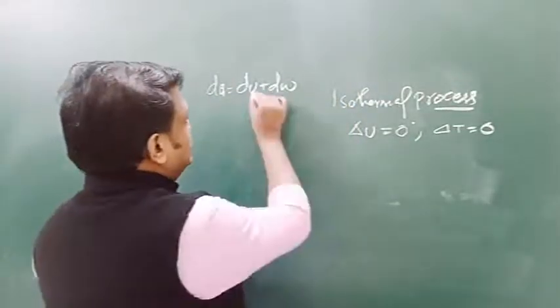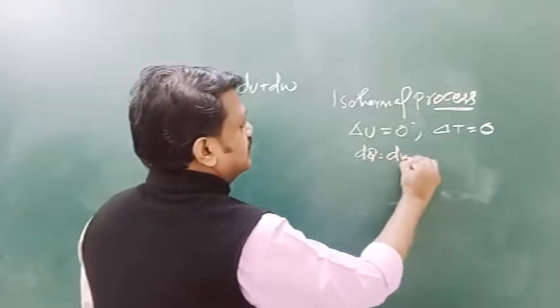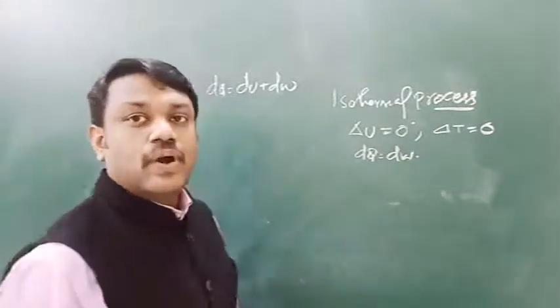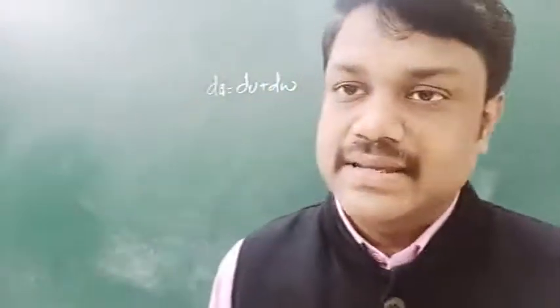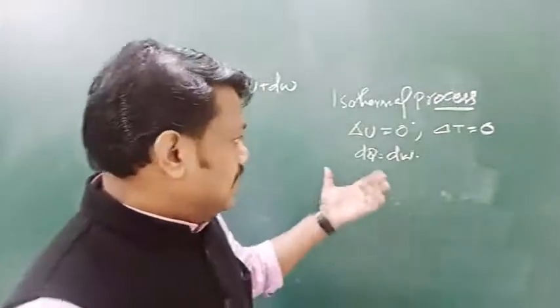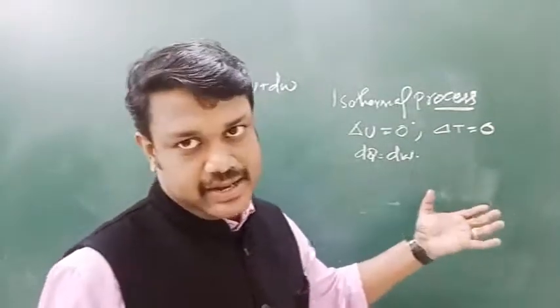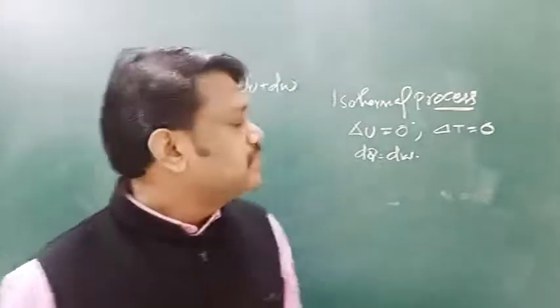So this equation will become dQ is equal to dW. The whole energy supplied to a system is converted into work done. Remember, it is an ideal condition.